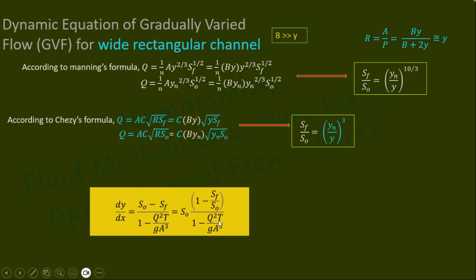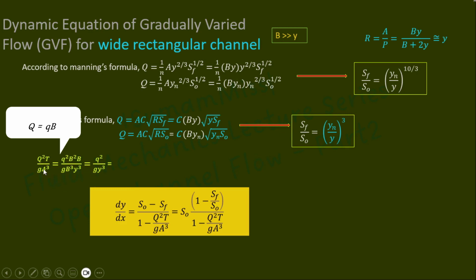Next is replacement of Q square T by g A cube. So it is a rectangular channel, so we can express Q in terms of q into B, where small q is the discharge per unit width and B is the width of the channel. So Q square T by g A cube can be replaced by q square B square into T equal to B, because for a rectangular channel top width and bottom width are equal, divided by g into B cube into y cube.